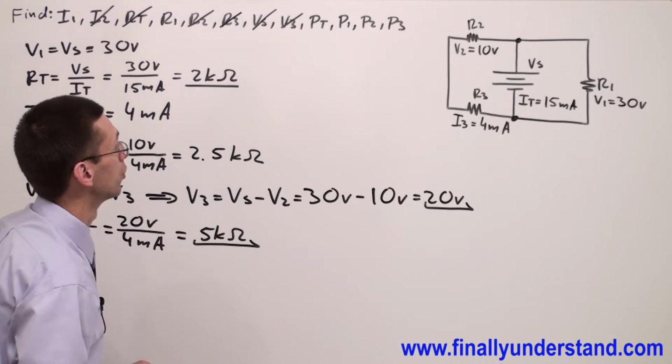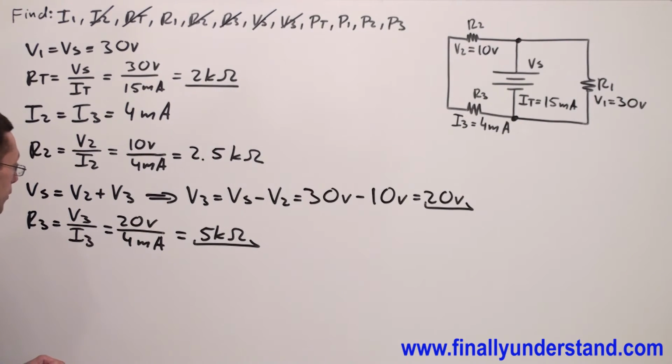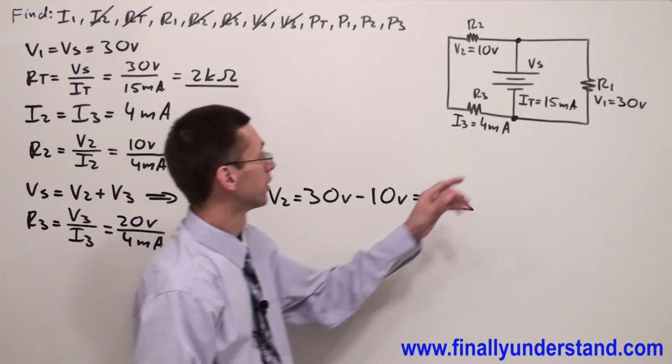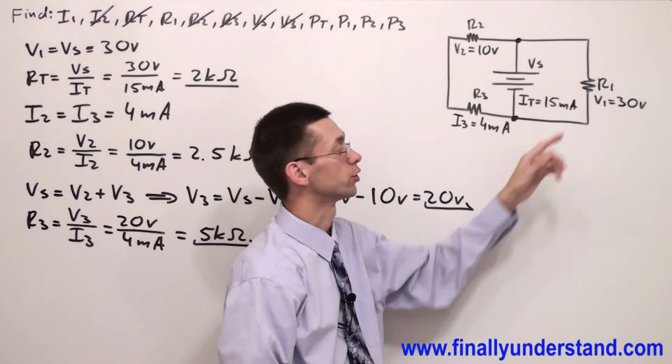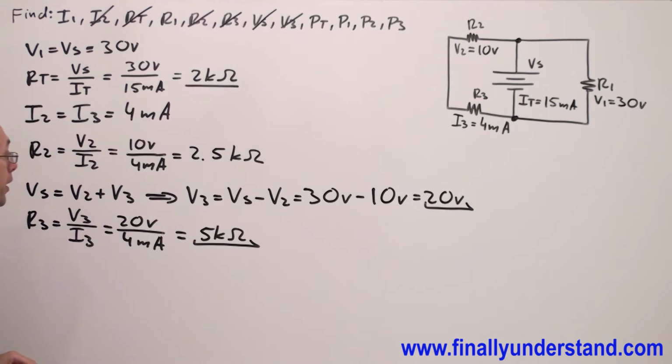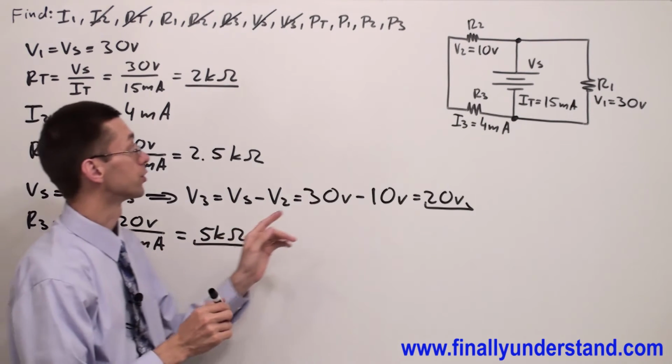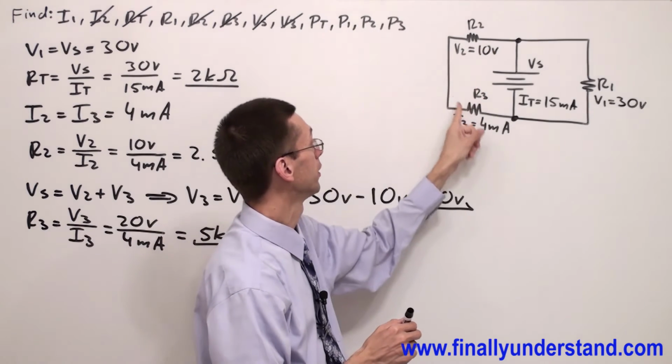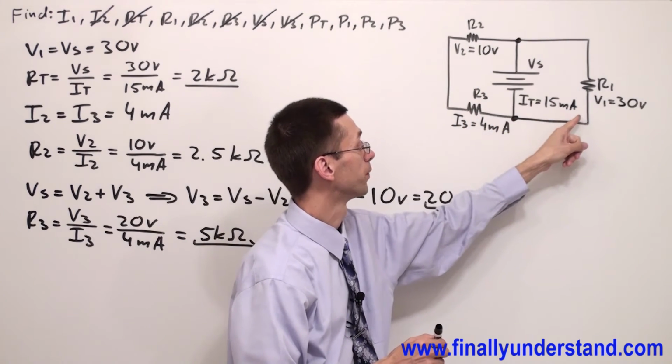Okay, so next we can find the current which goes through resistor R1. How can we do that? Simply realize that we have two branches. This is my branch 1 and this is branch 2.